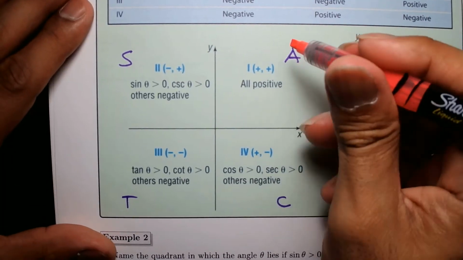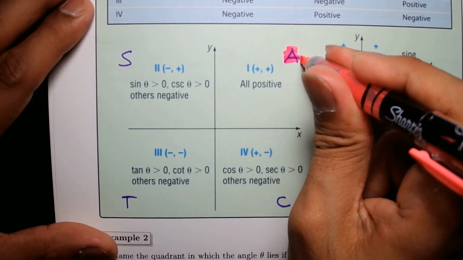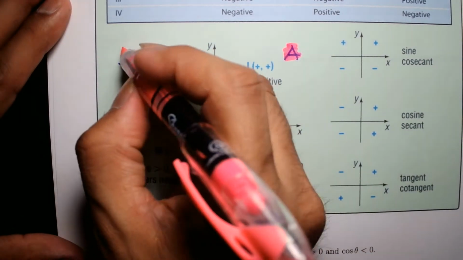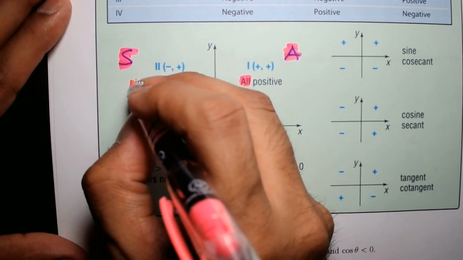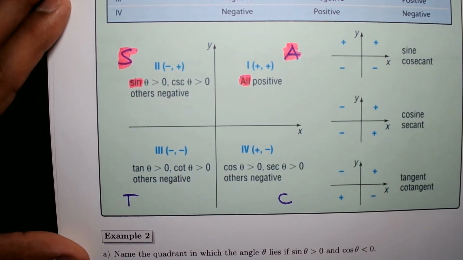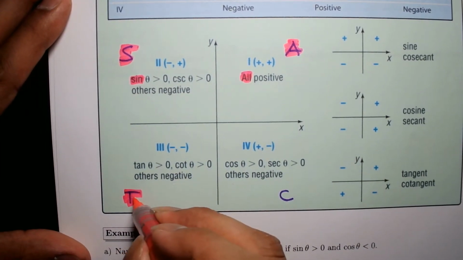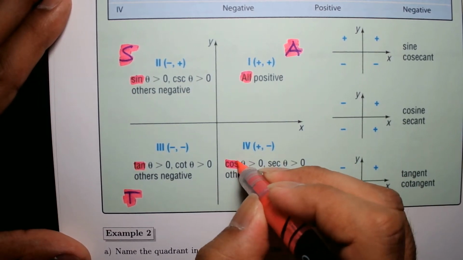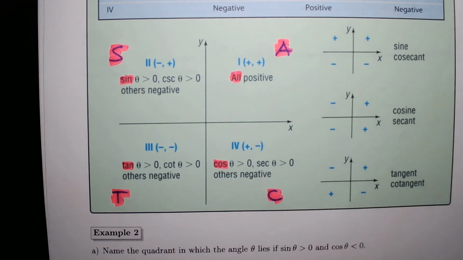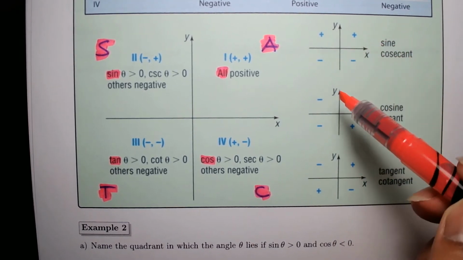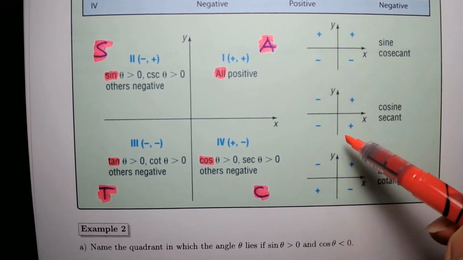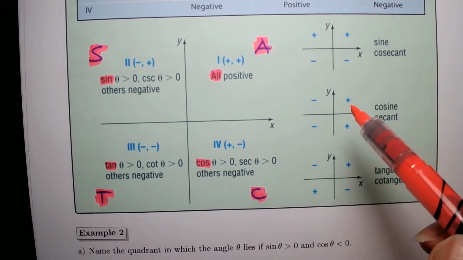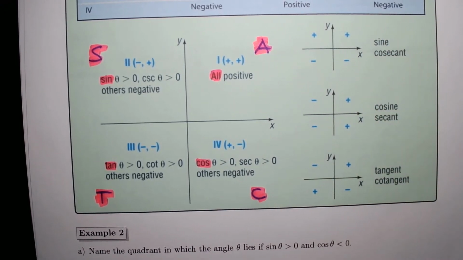S stands for sine, and of course its inverse, cosecant. T stands for tangent, and C stands for cosine, in which they are positive. You can see them separately, each in its own standalone Cartesian plane.